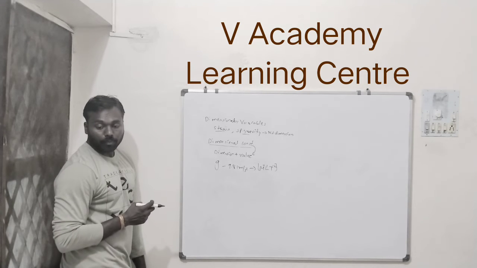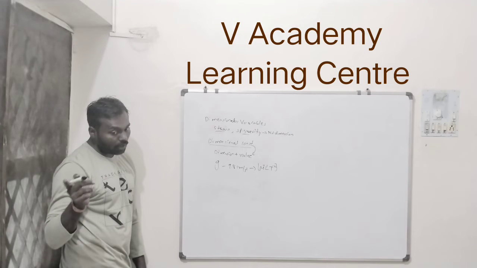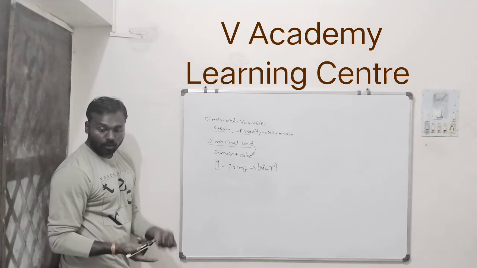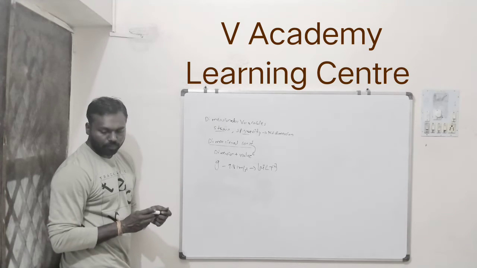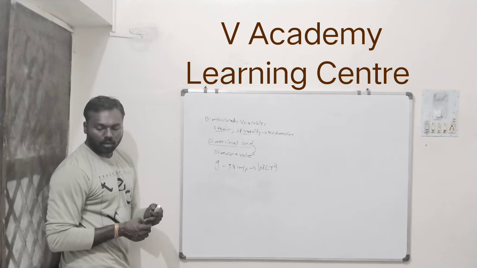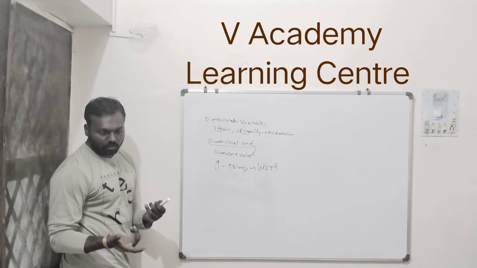Speed of light in vacuum, 3 into 10 to the power 8 meters per second. It's constant. Next, mass of electron, 10 to the power minus 19.